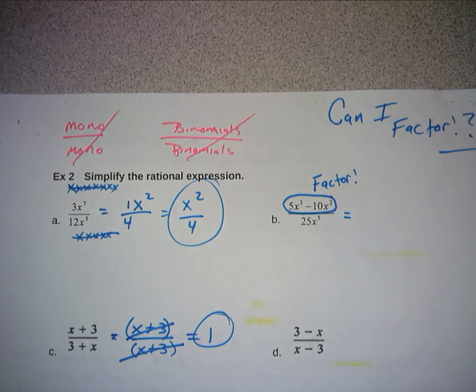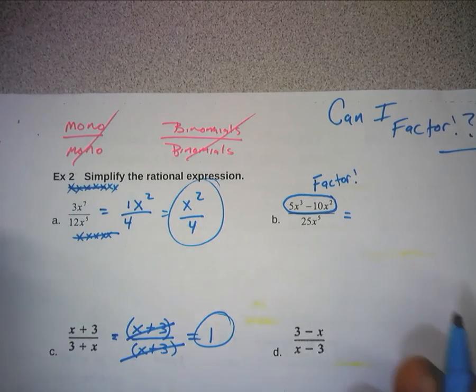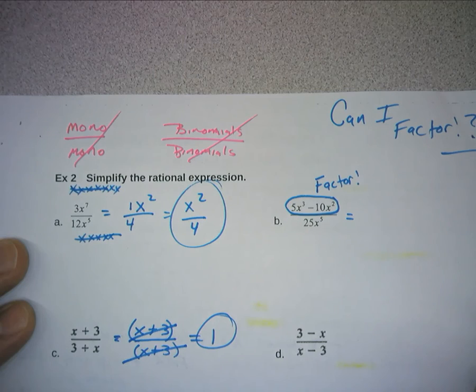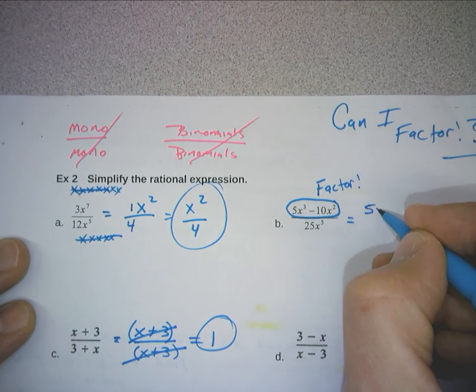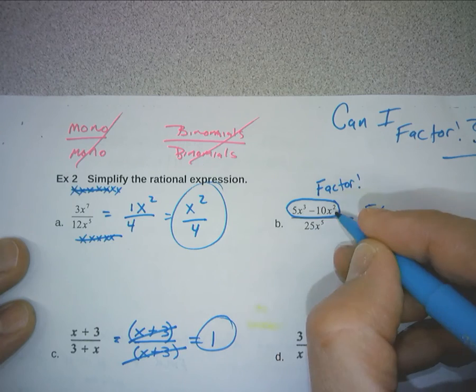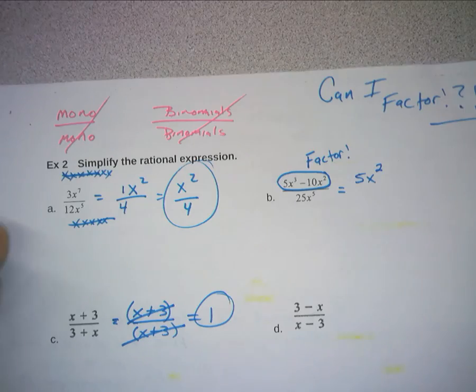More than just 5. So you got the coefficient right now. What about the x's? X to the 3rd, x squared. A little bit more than 5x. This has got a 3rd. This has got a squared, so 5x squared.